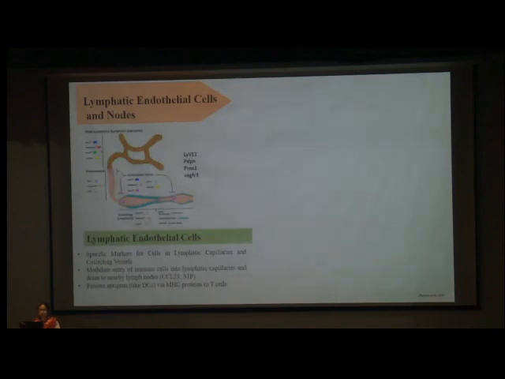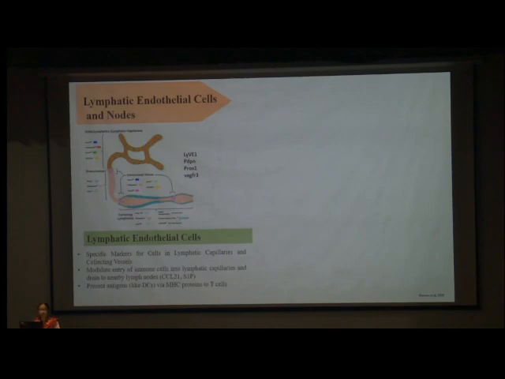So two important components in the lymphatic vessels are lymphatic endothelial cells and the lymph nodes. So as I just discussed, the initial lymphatics or the pre-collectors and the lymphatic collectors, they all are lined by lymphatic endothelial cells, and in all these regions, the lymphatic endothelial cells can be identified by distinct markers.